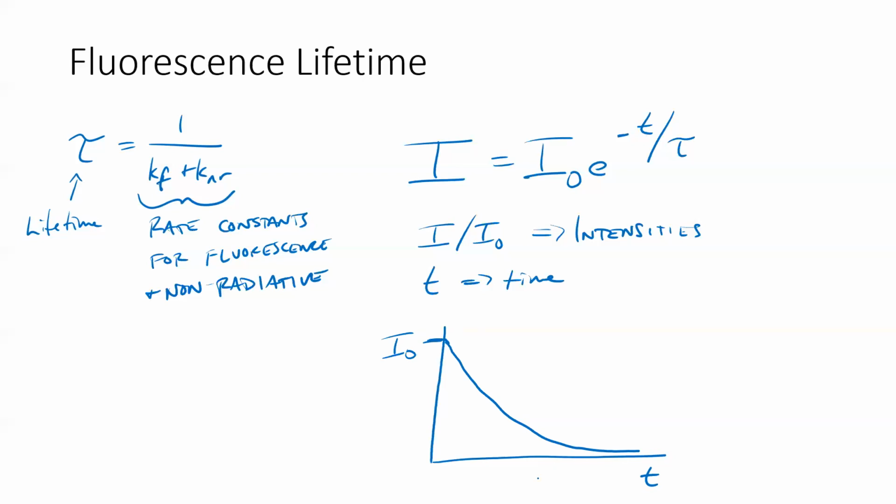As we measure our intensity, we can fit this curve to find the lifetime. So that helps us if we don't know those rate constants for fluorescence and the non-radiative transitions.